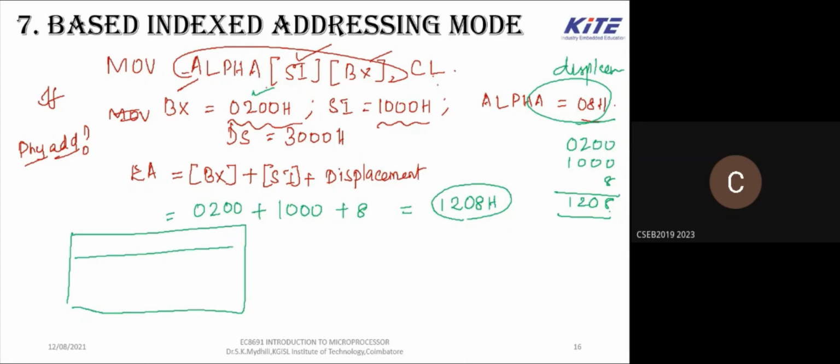How will we do it? We are going to write the starting address, effective address, and finally your physical address. Can anyone tell me the starting address here? I said it is DS. What is the starting address here?